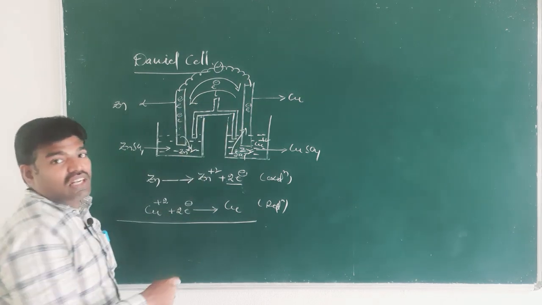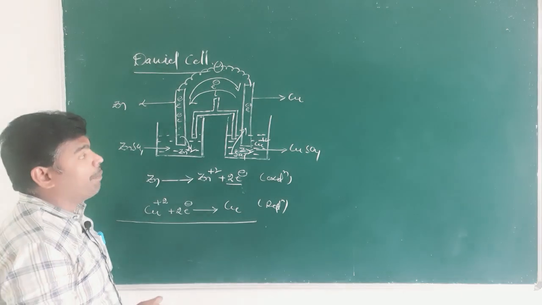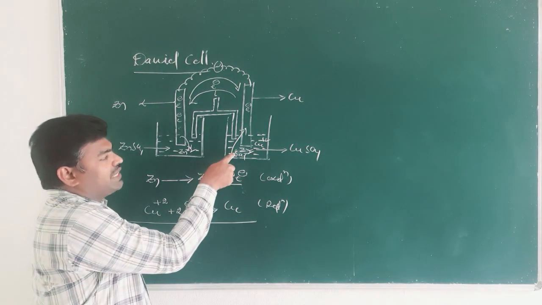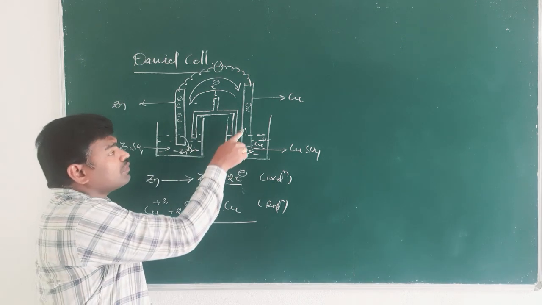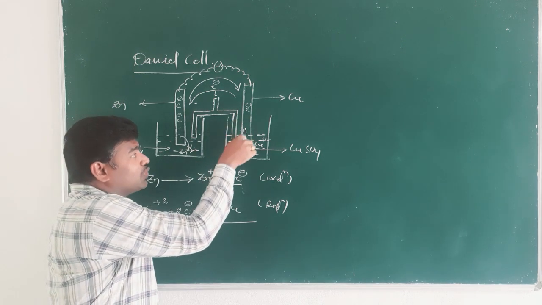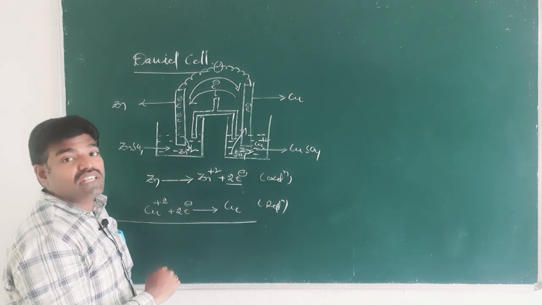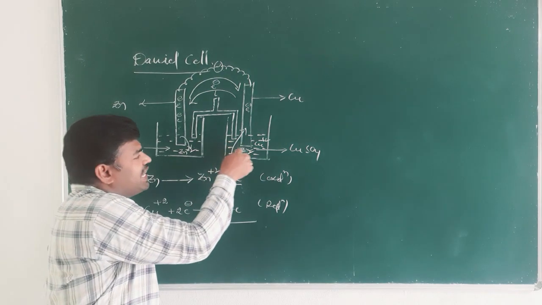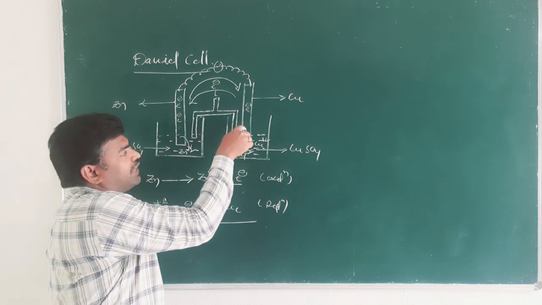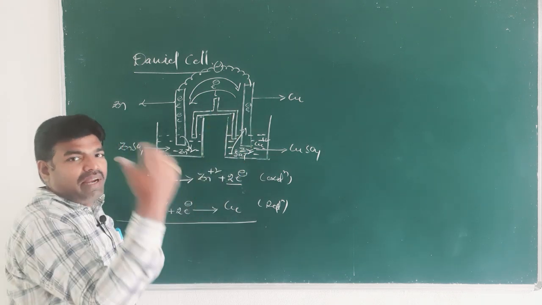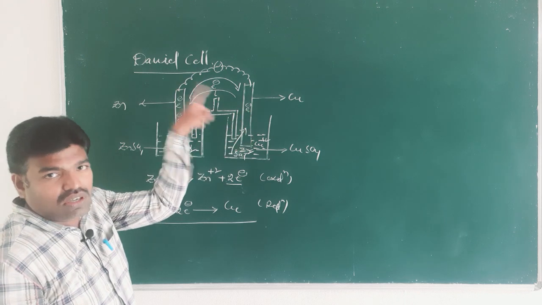Right? And here the Cu+2 ions are deposited on the copper surface, on the copper rod, leaving SO4 2- ions unpaired. So this electrode becomes positively charged and this solution negatively charged, because all the Cu+2 ions are reduced by taking 2 electrons from the zinc rod.